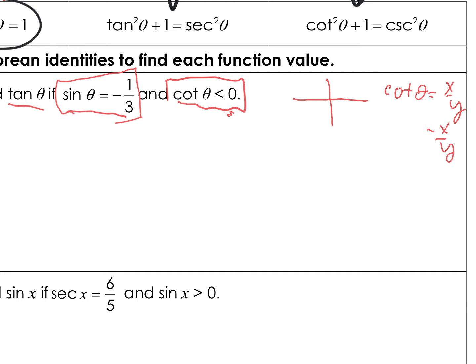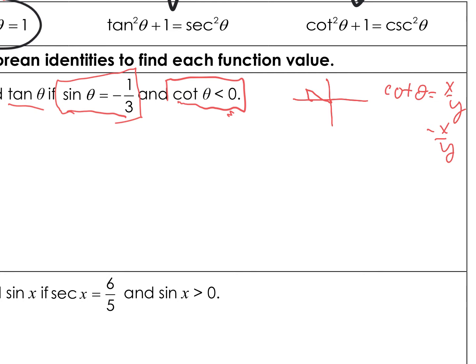Well, where are x's negative? Over here and over here, quadrant 2 and quadrant 3. However, y can't be negative. So that takes away quadrant 3. So I can be in that quadrant.